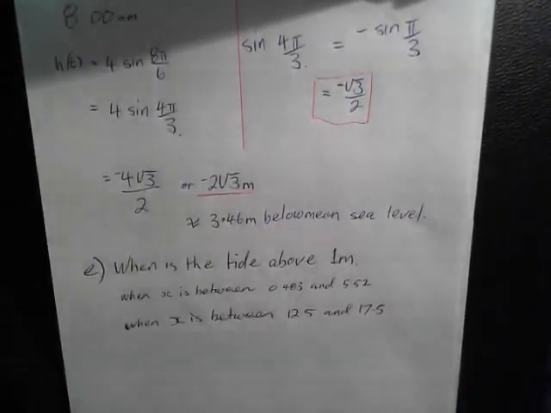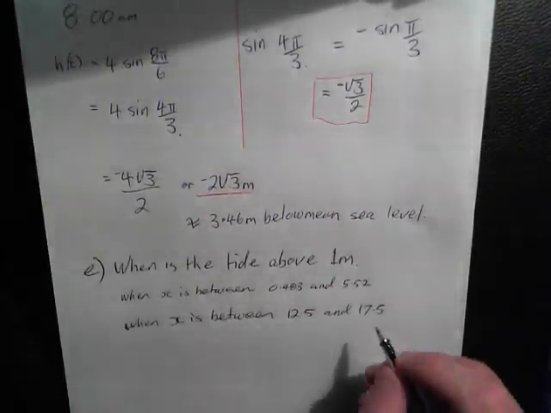So 0.483 times 60. Let's do this. 0.483 times 60 is 29 minutes, I'm going to say.